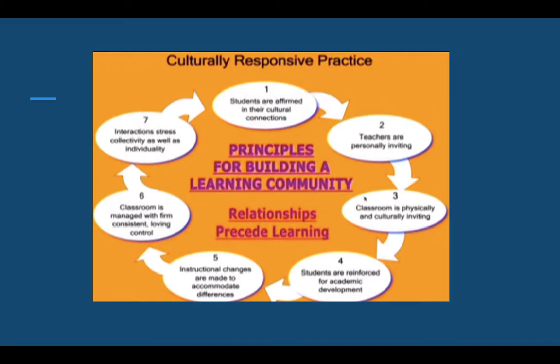And so how do we do that? There are things like affirming their cultural connections, having a classroom that is physically and culturally inviting. So if I have brown-skinned students in my classroom, my posters include brown-skinned people in them. Students are reinforced for academic development.